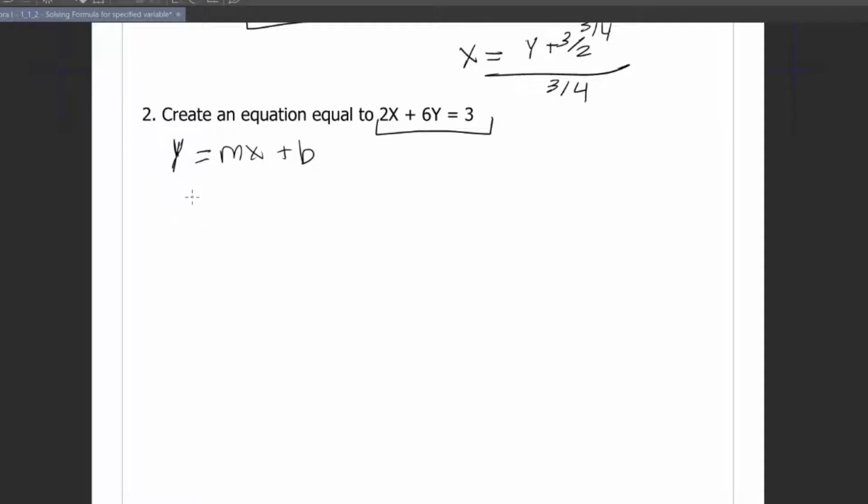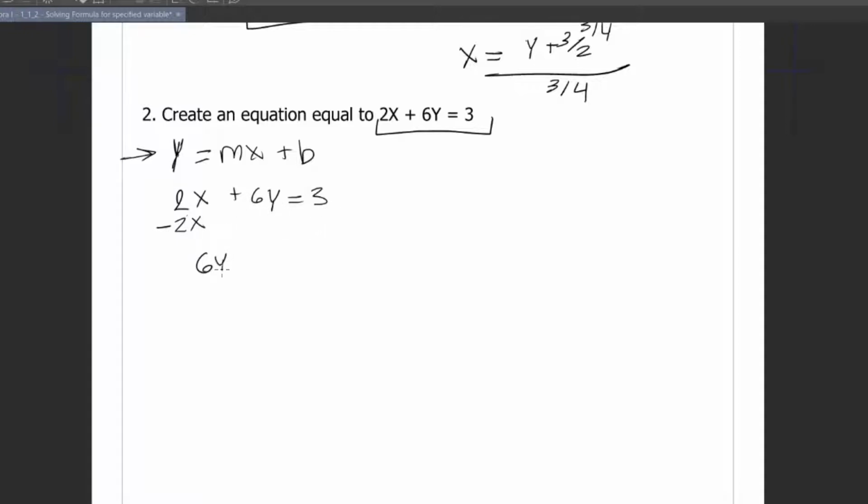Now, if the question asks solve for x or solve for a specific variable, you use the same approach. Just in these, I'm solving in the standard format here. So first thing, let's write out the equation 2x plus 6y equals 3. The first thing we want to do is subtract this 2x over here, so we isolate y.